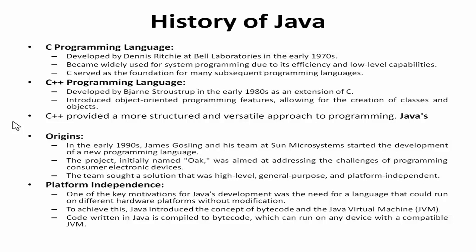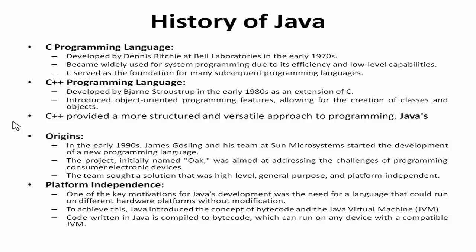Platform independence. The main aim of platform independence is to be able to compile and deploy the program on any particular platform, irrespective of operating system and irrespective of machine. So it can execute the program by using a class file. One of the key motivations for Java development was the need for a language that could run on different hardware platforms without modification.